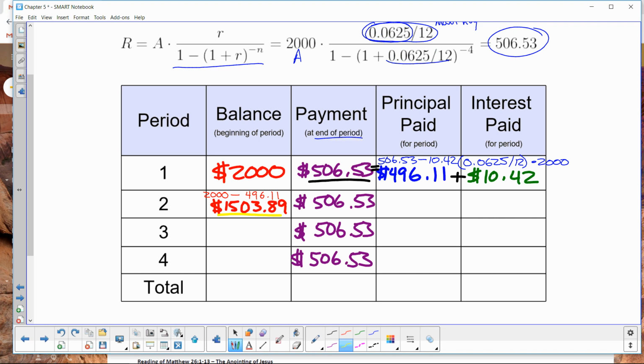So for example, here, where did I start last time? Well, I have my payment. I'm going to start with my interest again. So it's going to be the same monthly interest rate, 0.0625 divided by 12 times, not 2,000 this time, times 1503.89. Because that $1,503.89, that's how much I'm carrying borrowed money for another month. So I owe interest on that amount, not my original $2,000.